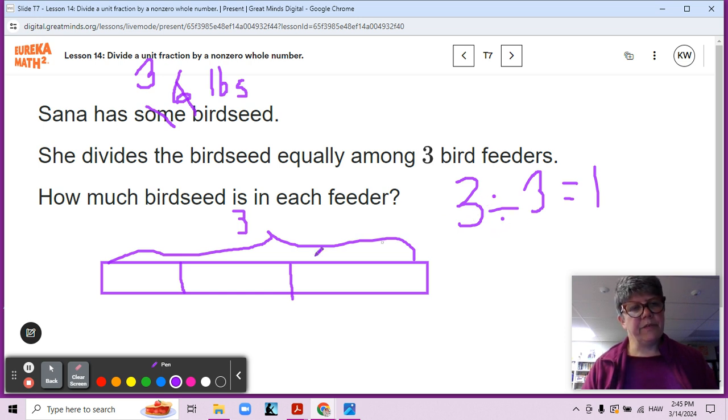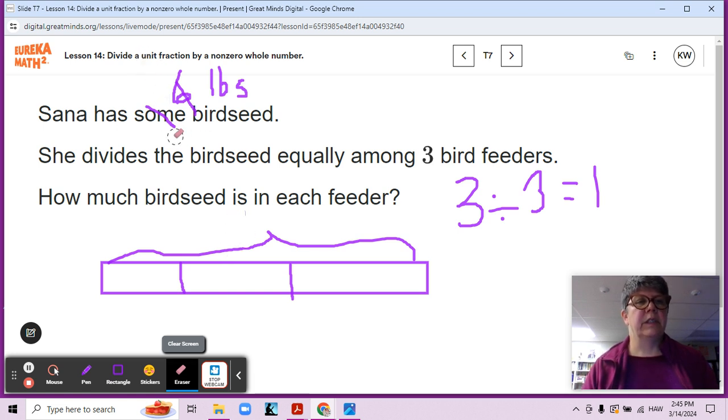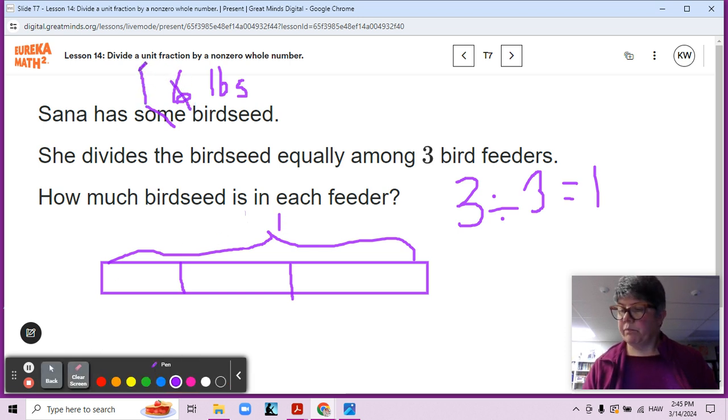But what if instead of starting with 6 pounds or 3 pounds, we started with only 1 pound? Let's see, I can erase some of this. Okay, what if we started with only 1 pound of birdseed? How many pounds of birdseed would be in each bird feeder?